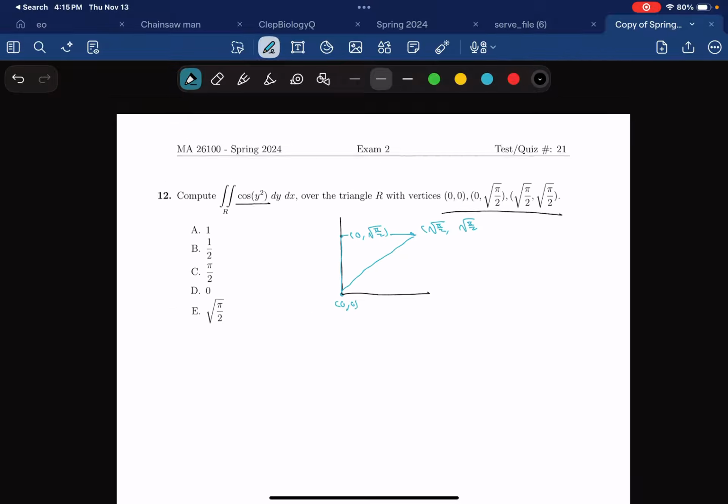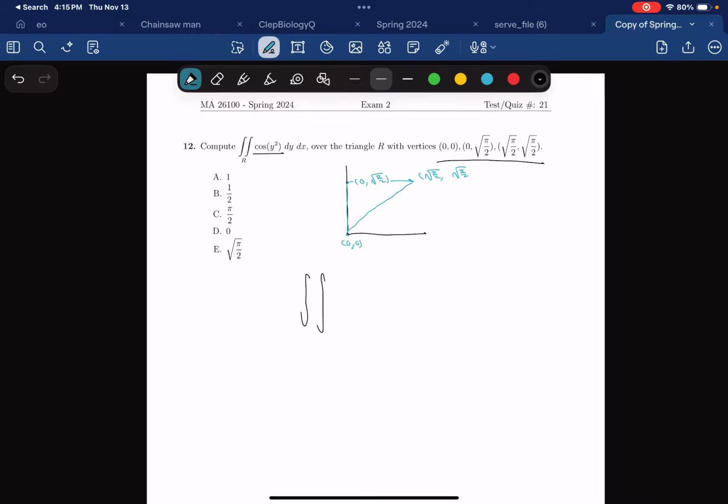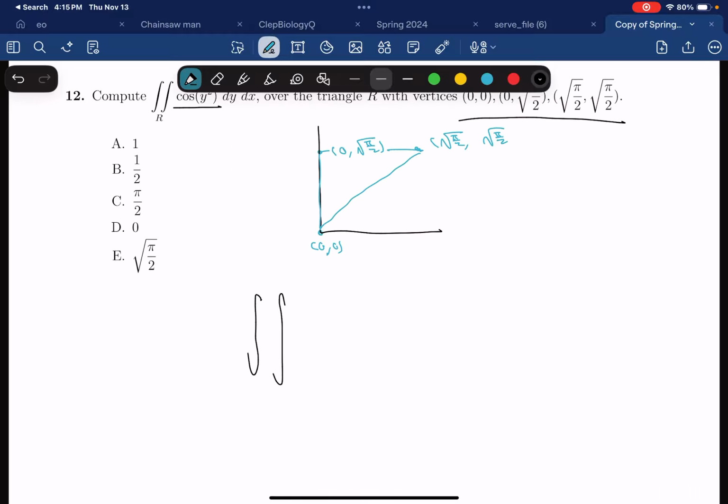So, in this case, here's how we're going to do this. If you go from x to y, this is actually the equation y equals x, because if you take the slope, the intercept is at 0, plus rise over run, square root of pi over 2 minus 0 over square root of pi over 2 minus 0, which is just equal to 1, so that's x.